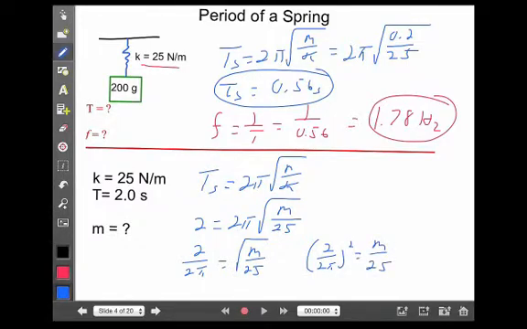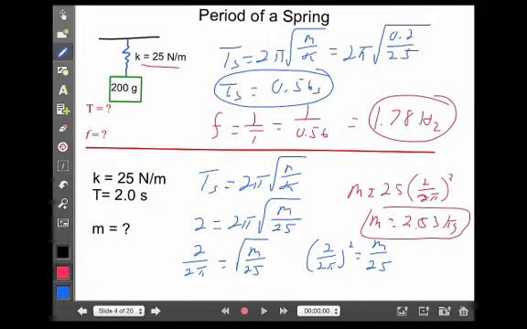And then I multiply through by 25. And that tells me I have a mass of 2.53 kilograms hanging on that spring. I've seen people mess that algebra up a lot, so you might want to practice that one.